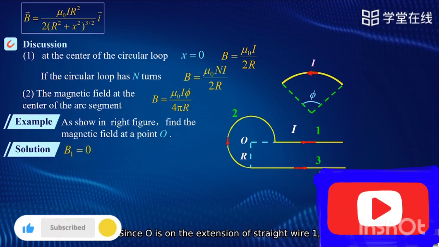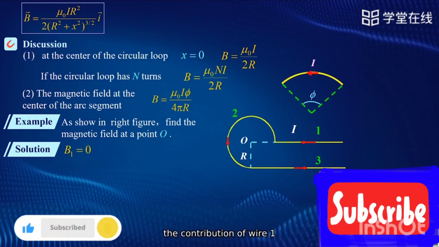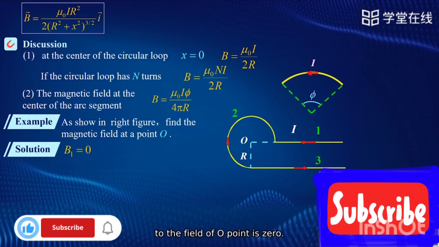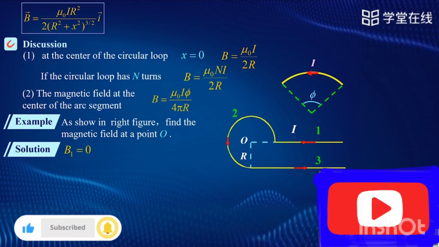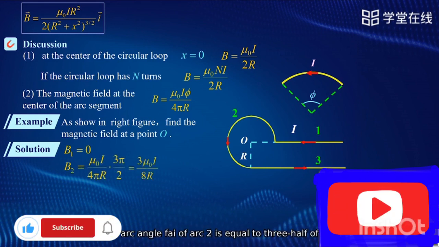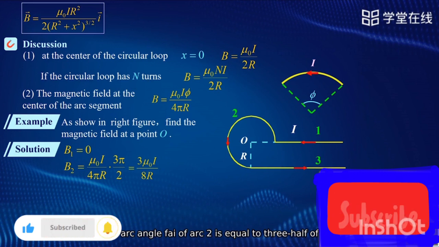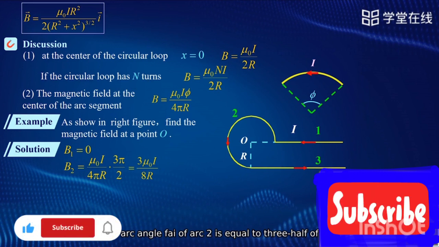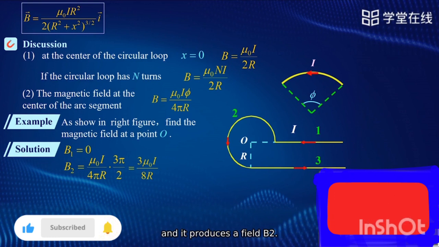Since O is on the extension of the straight wire 1, the contribution of wire 1 to the field at O is 0. The arc angle phi of arc 2 is equal to 3/2 of pi, and it produces a field of B2.